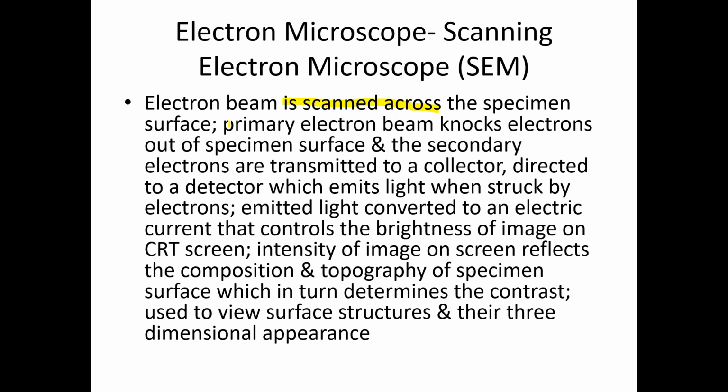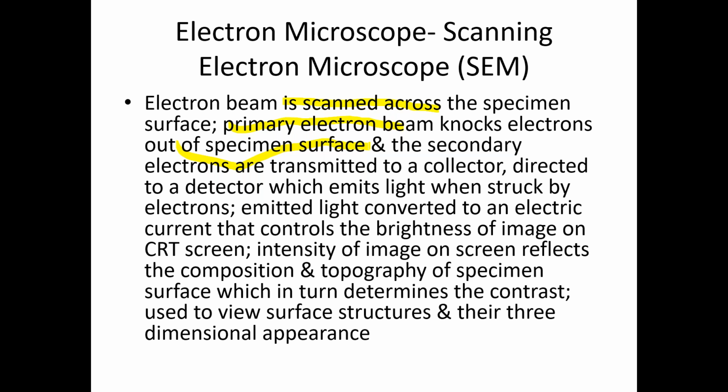In transmission electron microscope, you have this electron beam which is produced from the hot tungsten filament, which passes through a series of electromagnets and is focused on the specimen, and an image is produced. Whereas here, the electrons produced by the hot tungsten filament are called primary electrons. Now these primary electrons will knock electrons out of the specimen surface.